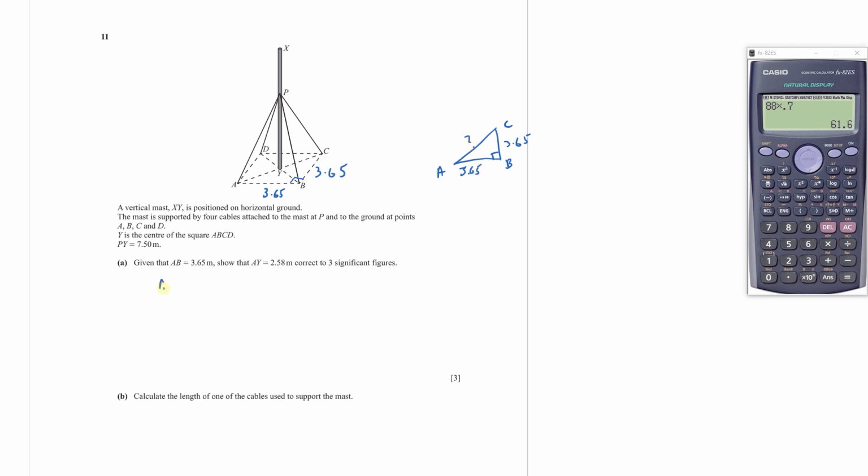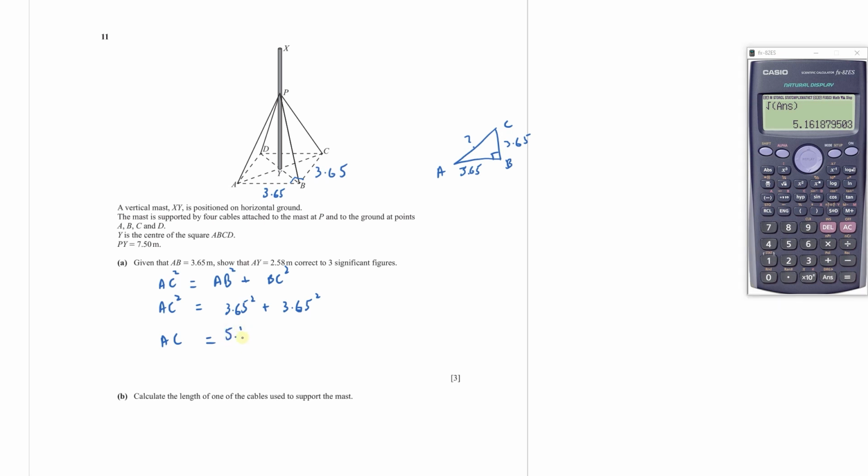AC square will be equal to AB square plus BC square, which is 3.65 square plus 3.65 square, and then AC will be the square root of this, which is 5.16.